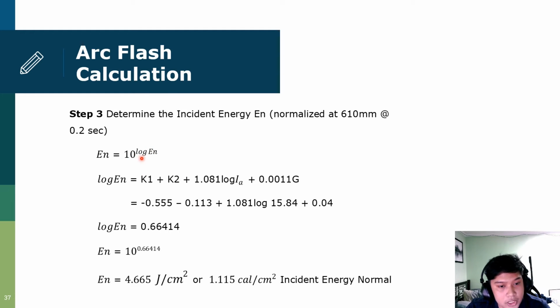The formula for log En is this one. Substituting the variables, we have 0.66414. Substitute this to the previous formula, which is this one. 10 raised to 0.66414 is 4.665 joule per square centimeter, or 1.115 calorie per square centimeter.